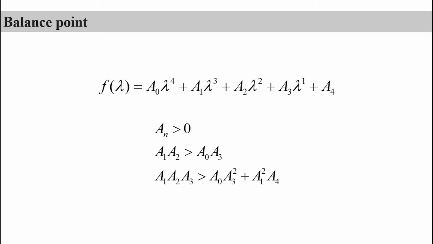Putting An into formula 12 and calculating in turn shows that the system is stable according to the stability judgment. Therefore, all attractors in the system are hidden attractors.